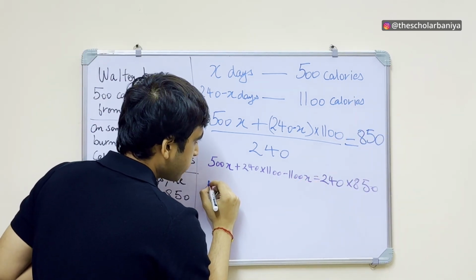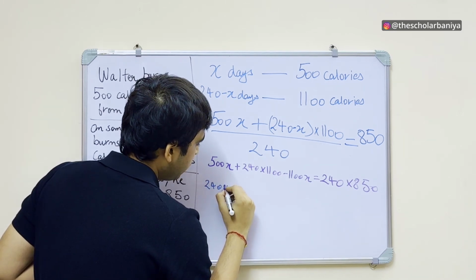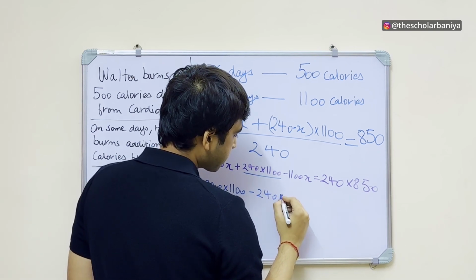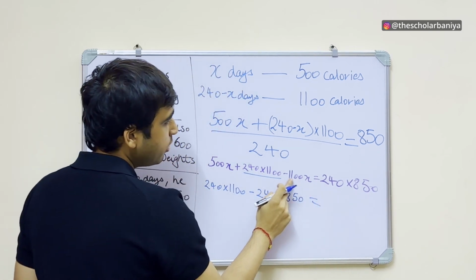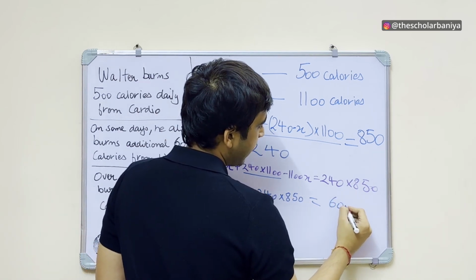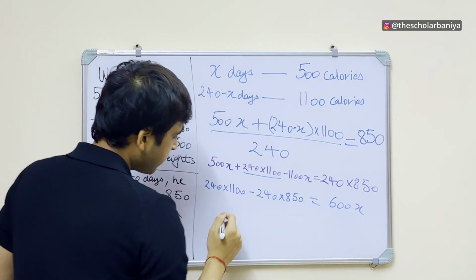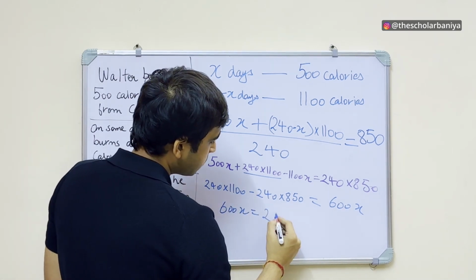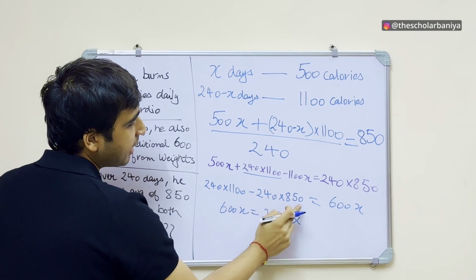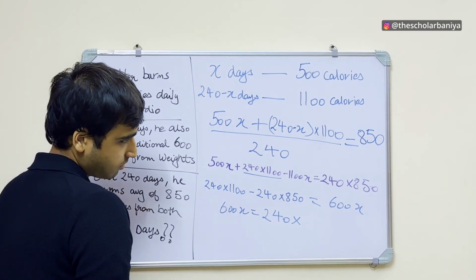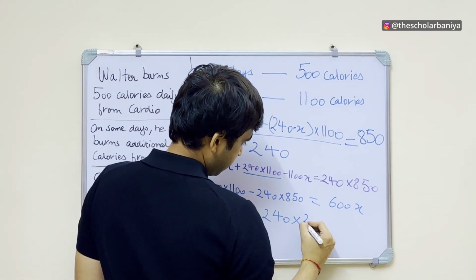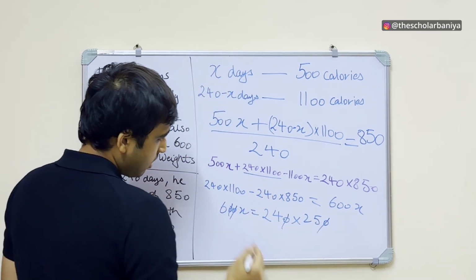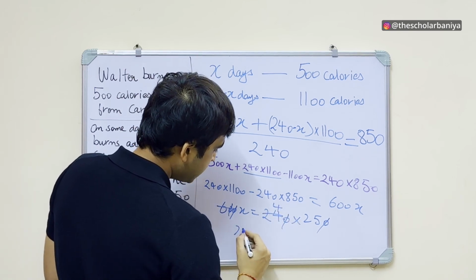So this will become 240 into 1100 minus 240 into 850 is equal to 1100 minus 500, 600x, right? So 600x is how much? 240 into (1100 minus 850), 250, right? So that means x is equal to 100.